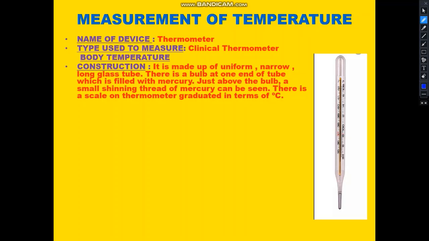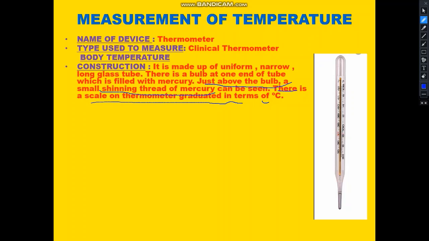Just follow the lines. Just above the bulb there is a small shining thread of mercury, and there is a scale on the thermometer which is graduated in terms of degree Celsius. Now the meaning of the term graduated is marked.